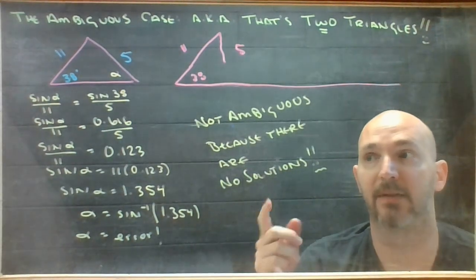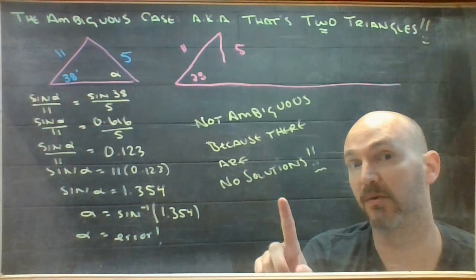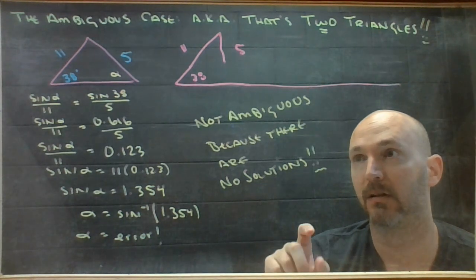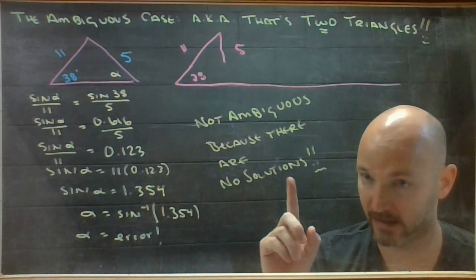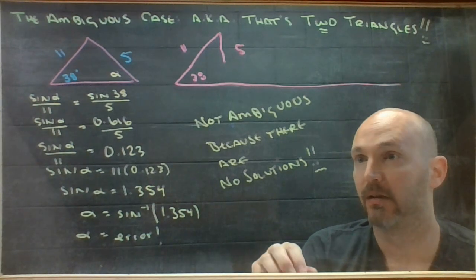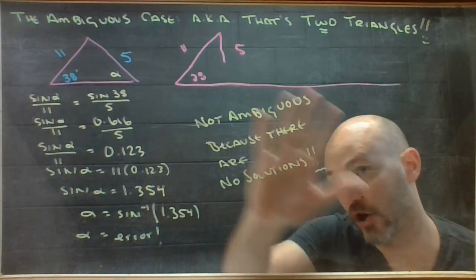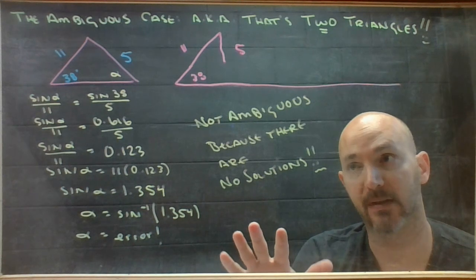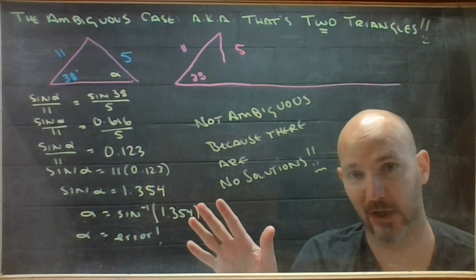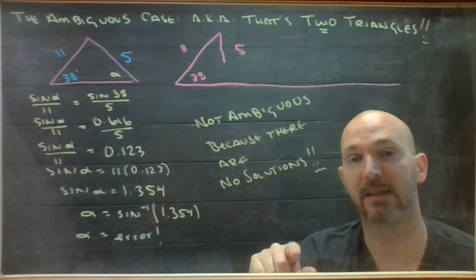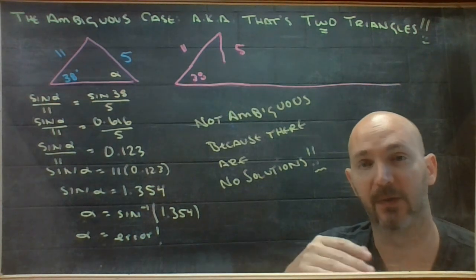Okay, so we have an example where there is one solution exactly, which is not ambiguous because it has one choice. We have a solution here that has no answer. That's not ambiguous because the answer to it doesn't work. So we're going to need an example where it is actually two triangles, and you have to figure that out.